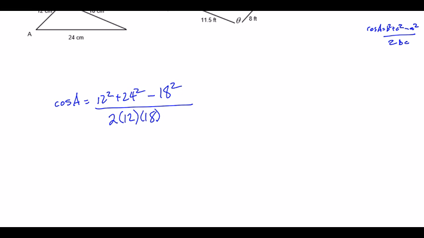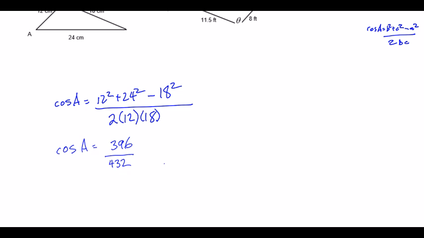Now, what I want you to do when you do these calculations is calculate the top, calculate the bottom, and then divide this stuff out, and then we find the angle A by taking the inverse of whatever decimal comes out of that division. So for the top, we get cosine of A is going to be 396. And for the bottom, when you multiply 2 times 12 times 18, you get 432.